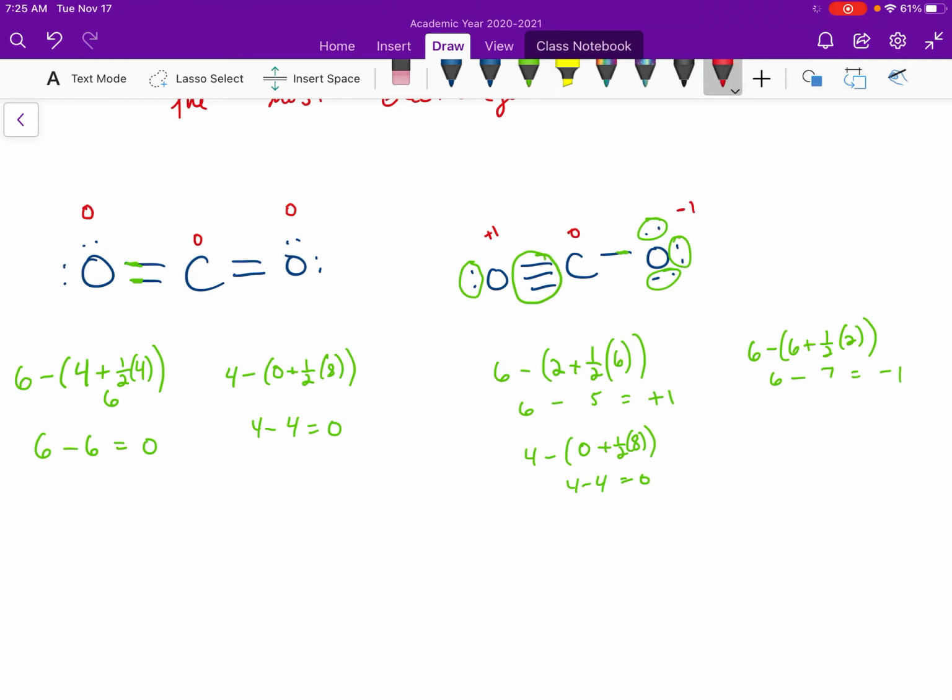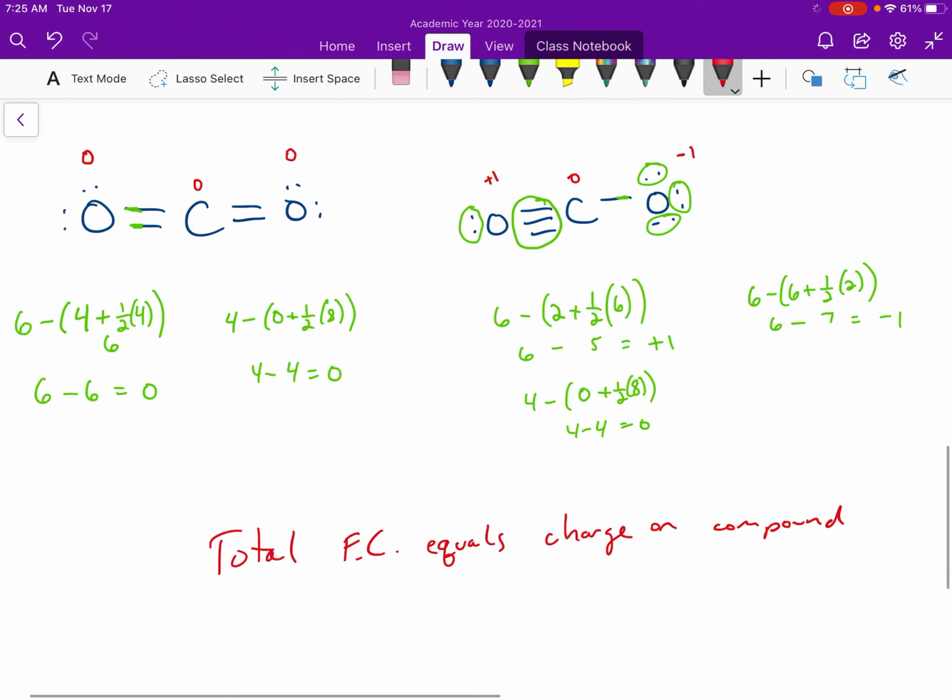Okay? General rule. Total formal charge equals charge on compound. Okay? So carbon dioxide has no charge, therefore its formal charges should all add up to 0.